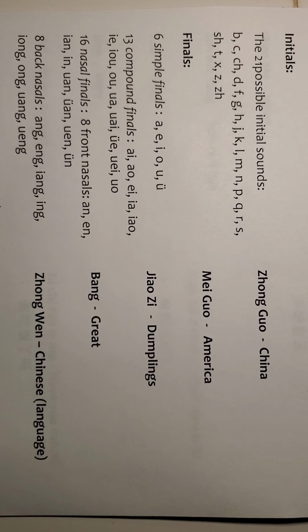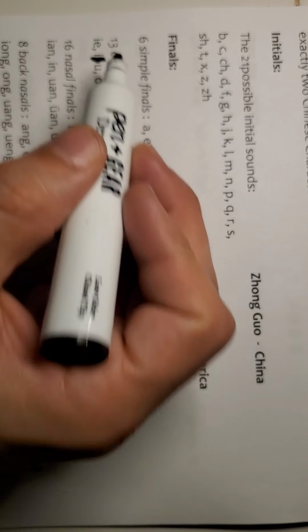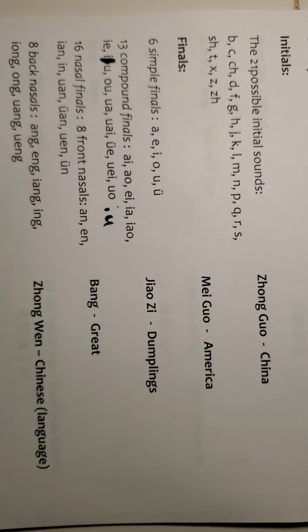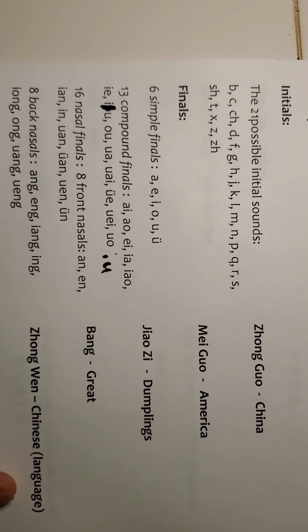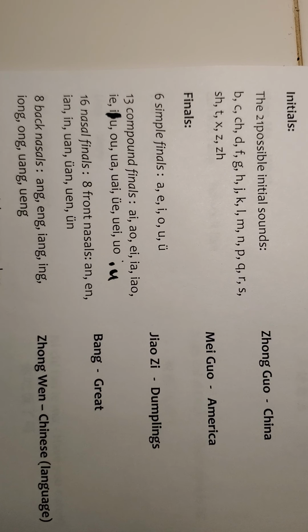Instead of IOU, there is going to be an IU. So like Jiu, Yo. We have Niu, which would be cow. Niu Yue, that's New York.